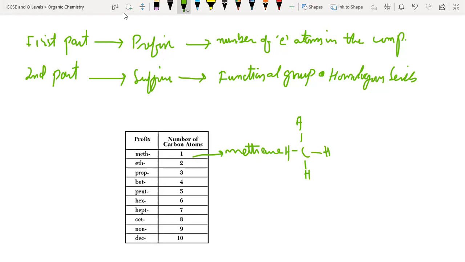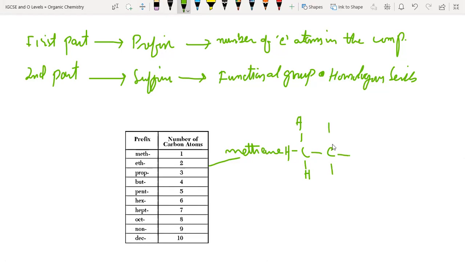Similarly, if the compound is ethane, then the compound contains 2 carbon atoms, like this. Ethane contains 2 carbon atoms which are bonded to each other with a single bond.